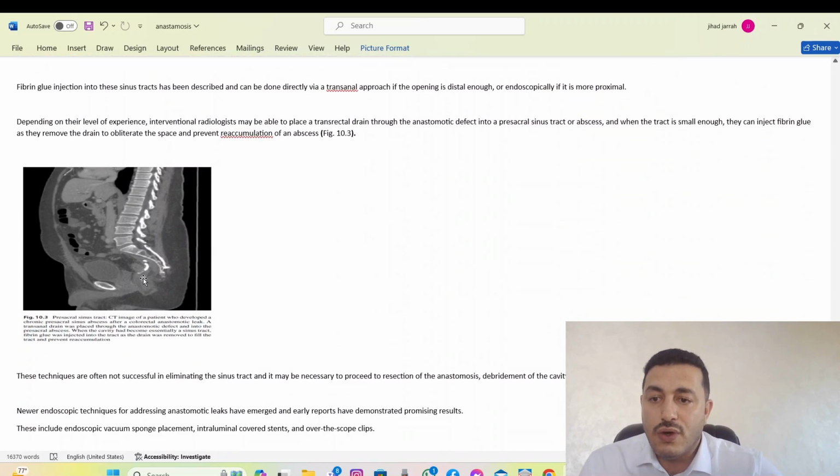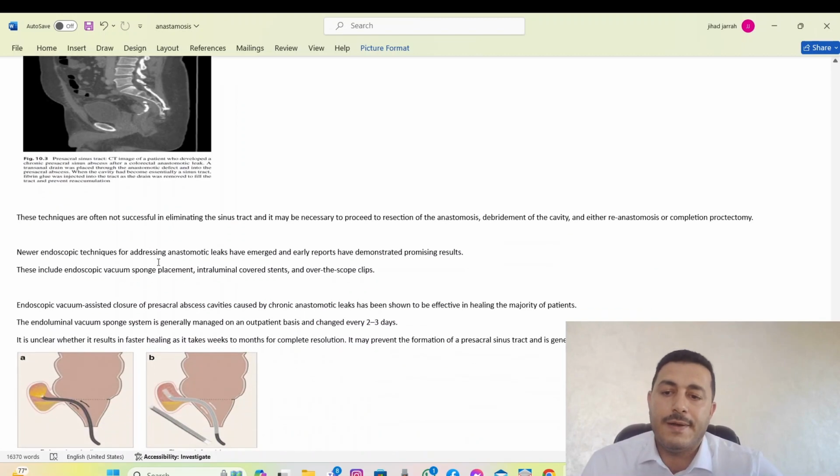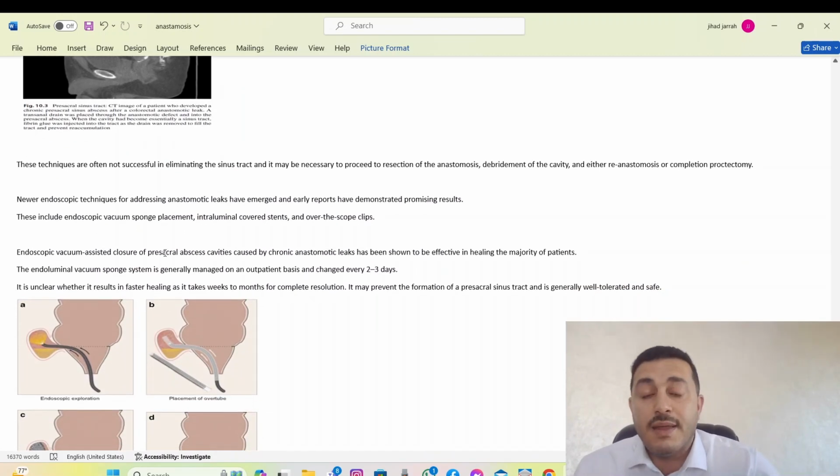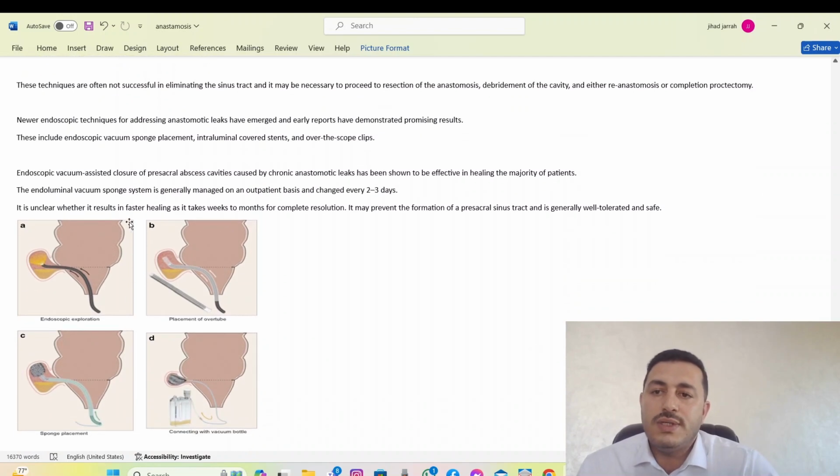Okay, this is also how a presacral sinus as a complication of low anastomotic leak looks like. Okay, there are newer techniques that can be used to treat leak, especially in a stable patient, and these include, as you see here, endoscopic vacuum sponge placement.